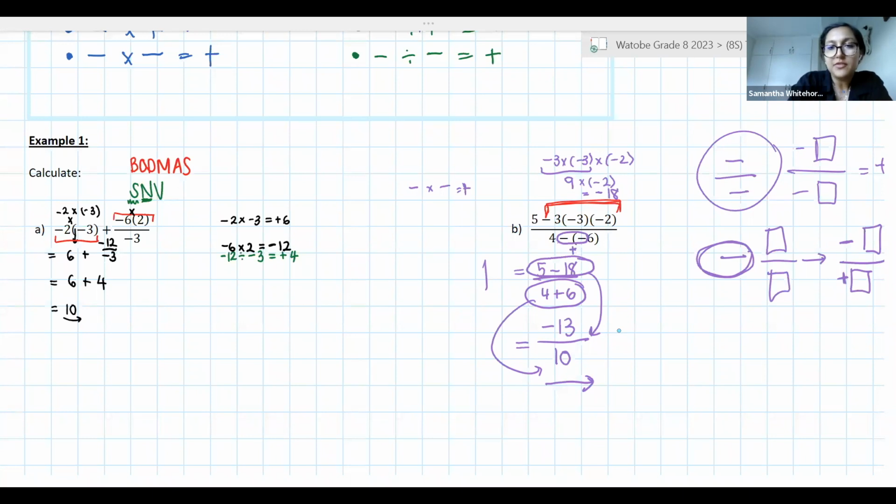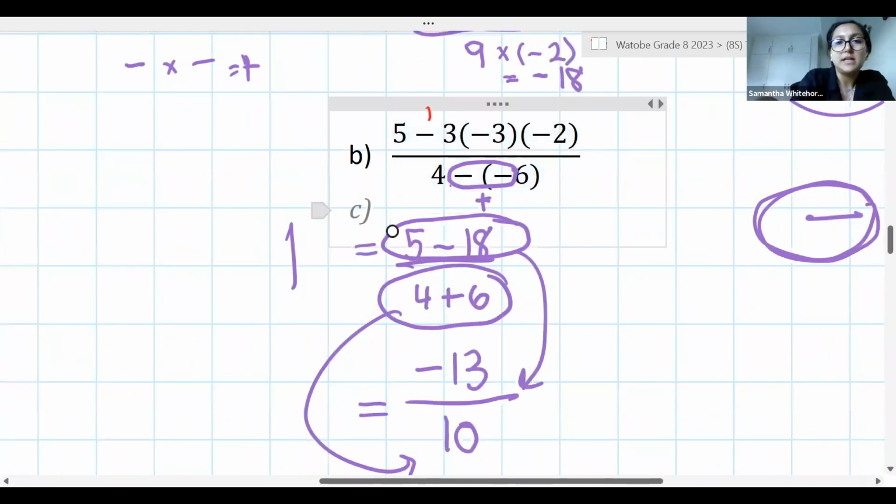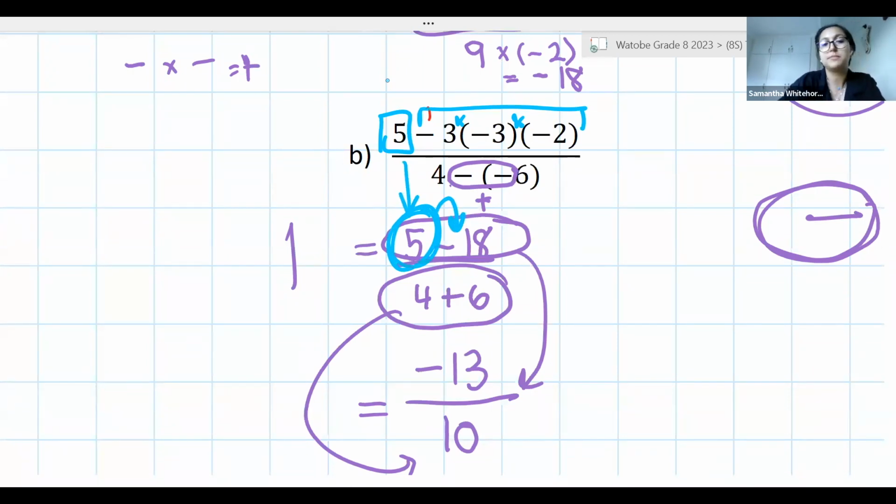Okay, so basically this 5 is separate from all of these, because what I can see is, and I'm just going to zoom this in again, it's a little bit small, what I can see is that I've got a -3 times a -3 times a -2. This is a completely separate term to this multiplication. So the 5 stays there by itself until we're ready to do the subtraction.